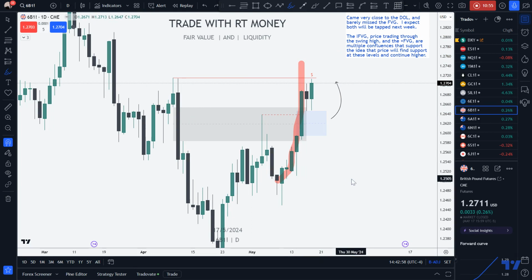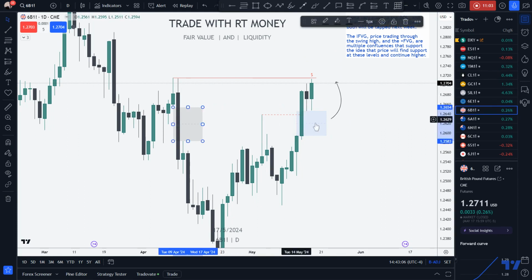That's just on the strength of the fact that it's an inverted fair value gap. But when it's overlapping a bullish fair value gap where price can currently come and test, it strengthens the support that this will provide.